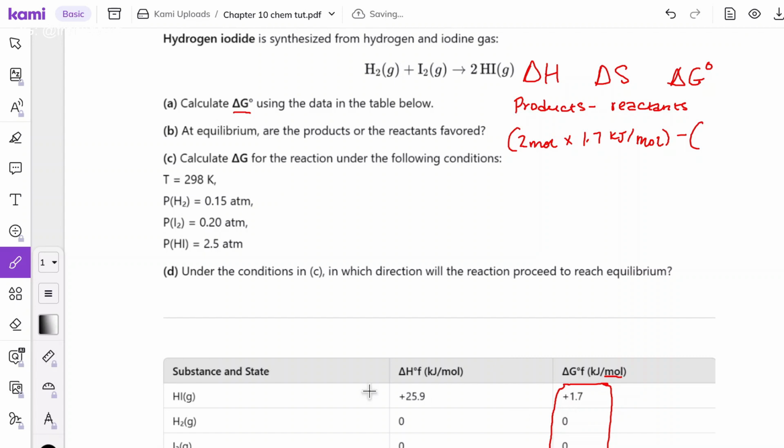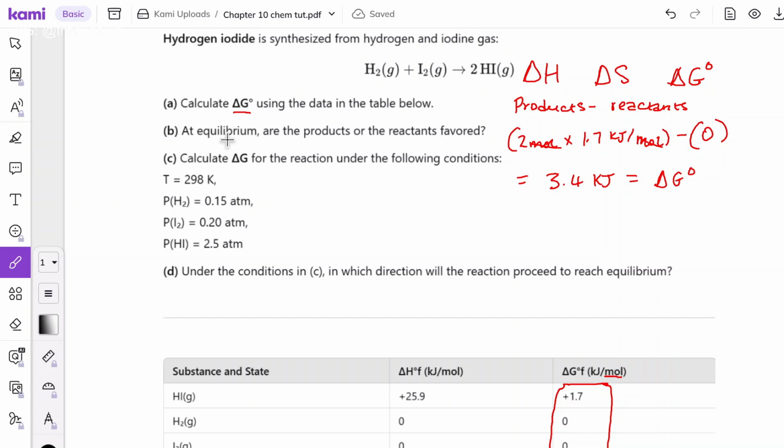But luckily for us, the reactants are substances in their natural state, so they have zeros. So we don't have to subtract anything, and we just multiply this, and it gives us 3.4 kilojoules, and the moles get canceled. So this value is the value for the delta G naught.